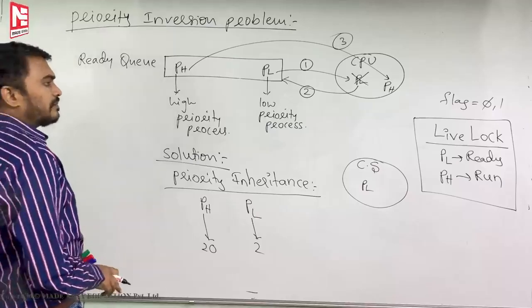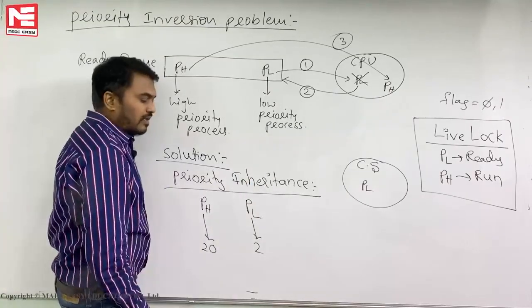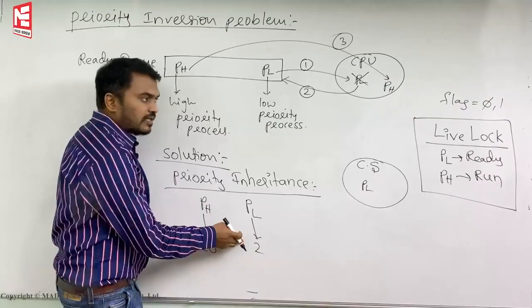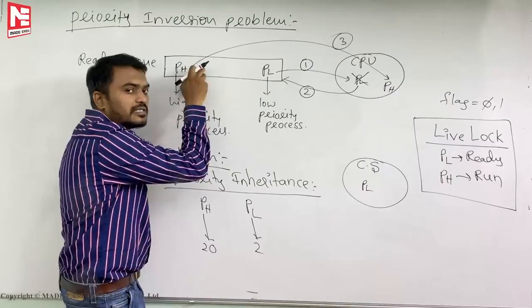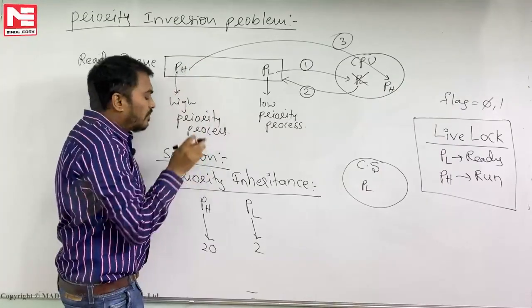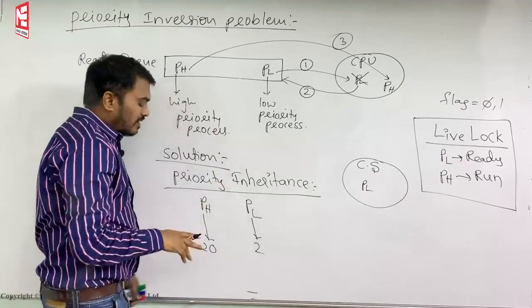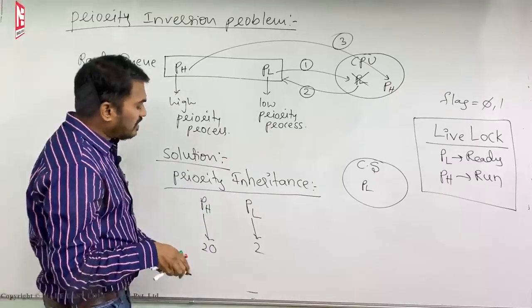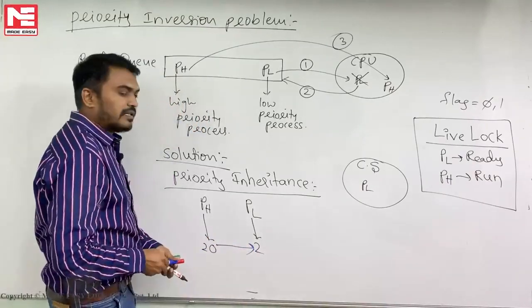Now remember, when the low priority process is in the critical section and the high priority process arrives into the ready state, the operating system will apply the priority inheritance protocol. It means we are going to inherit the priority from the high priority process to the low priority process.